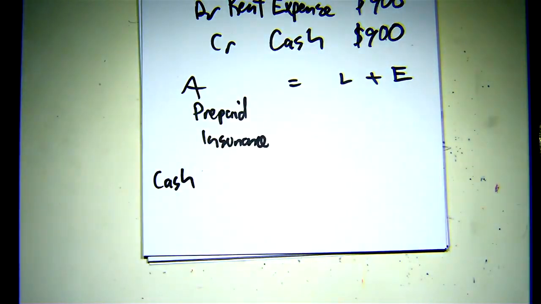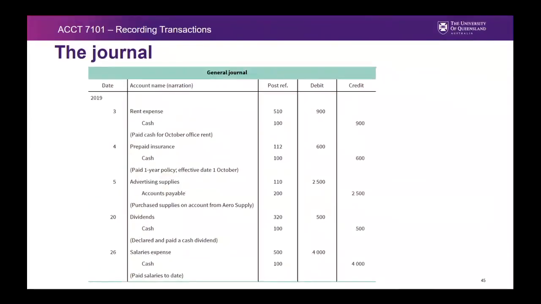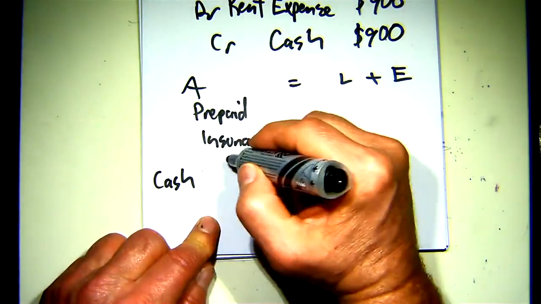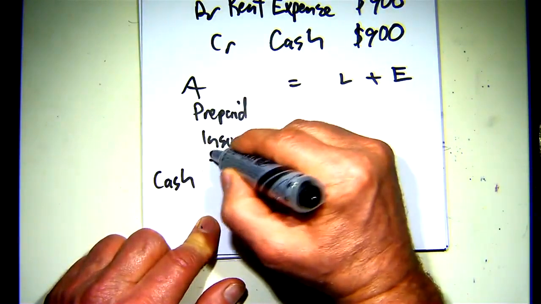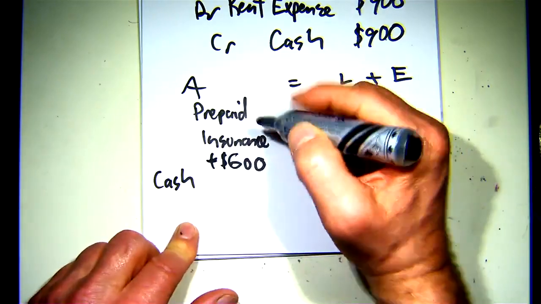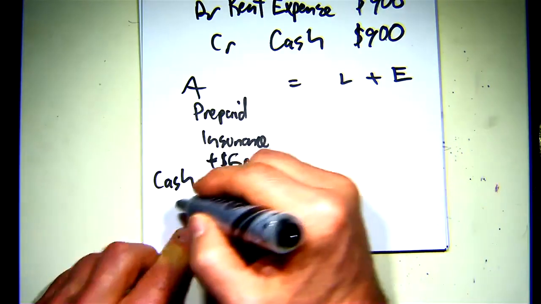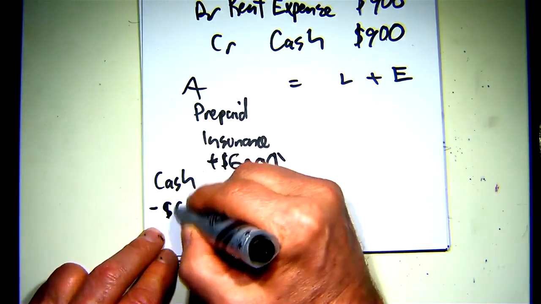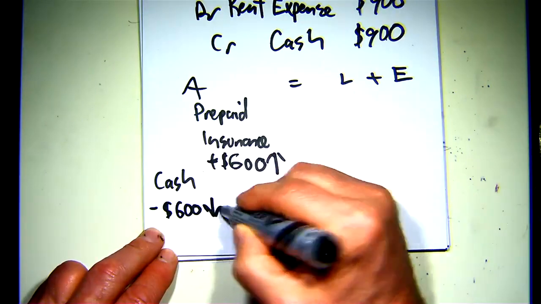Just check the amount. 600. So the prepaid insurance, that's plus. That's an increase in the asset, and then we'll minus 600. It's a decrease in cash.